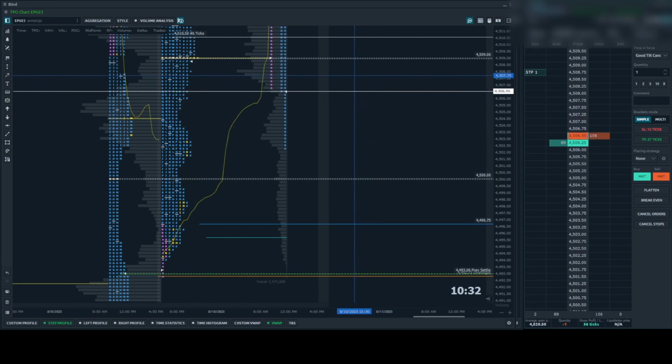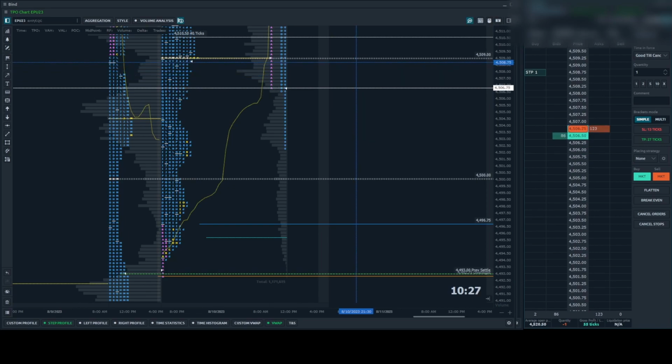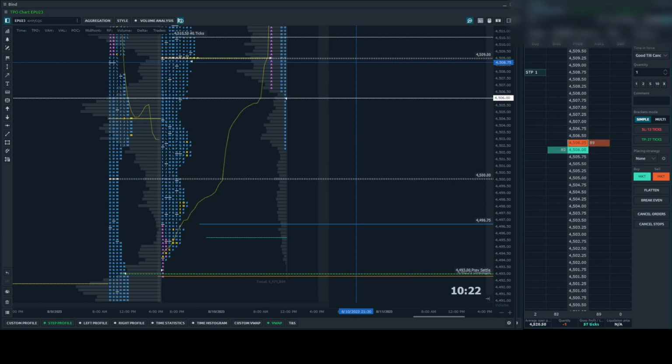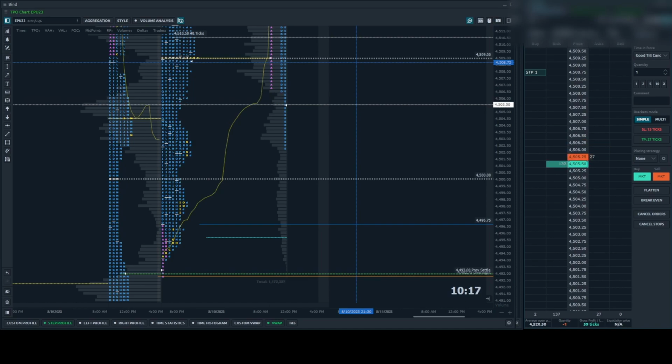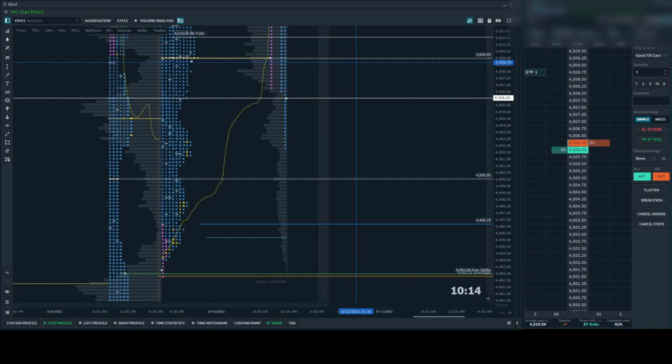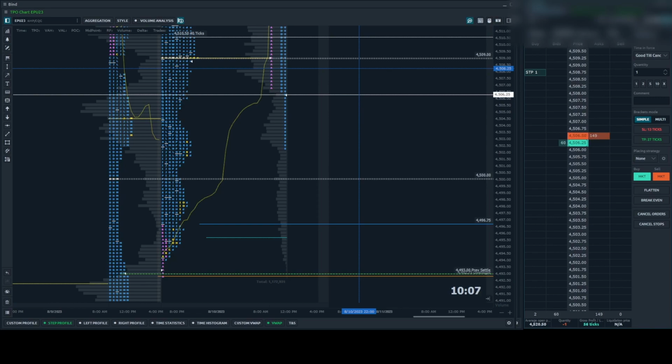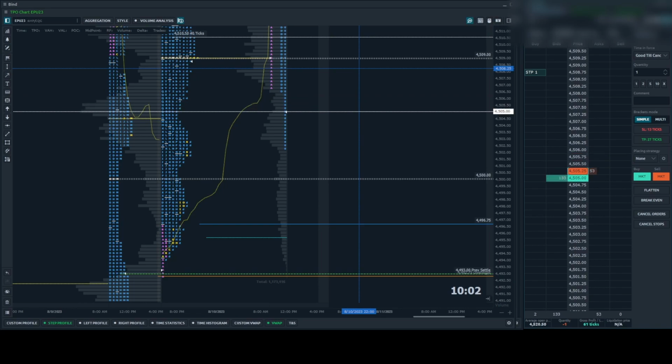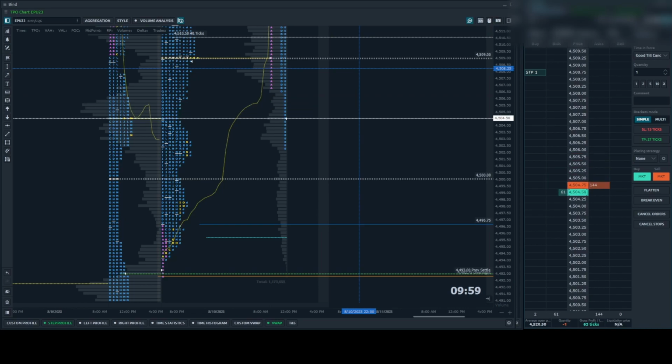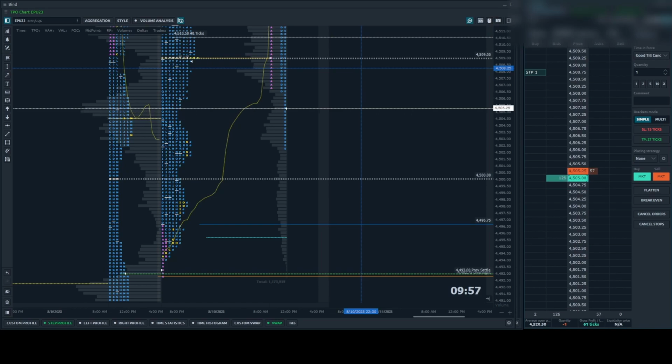It's above this break area. Retesting the break here. I see this kick out of here. Otherwise, we'll just take it. But it is pushing it out of there. Yep, there's a nice push out of there.